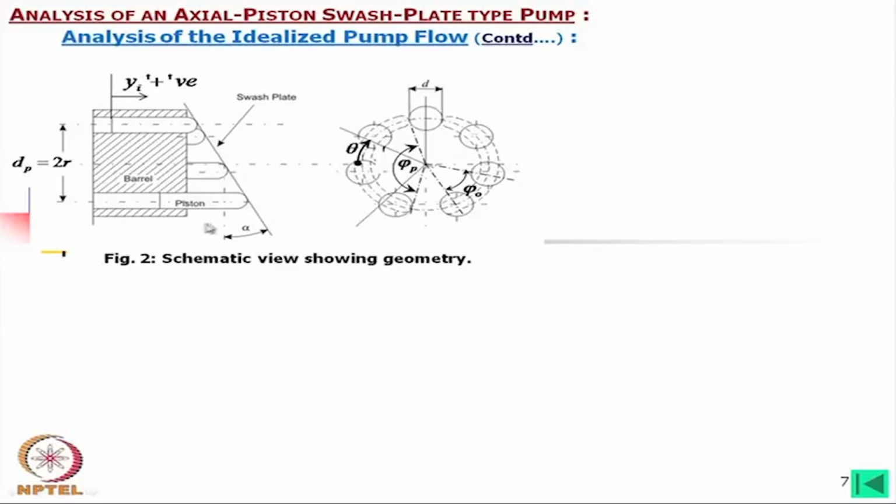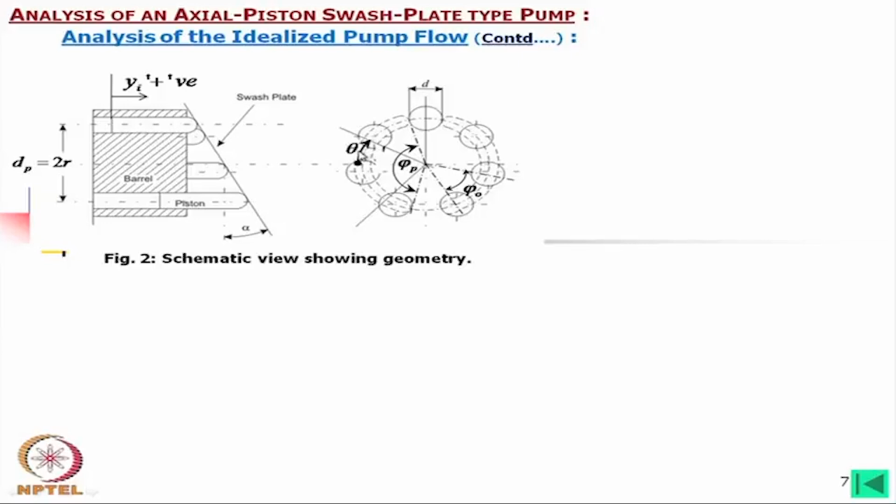That means, if I look from the left side towards this barrel, then the left hand side axis, which perhaps we have given as the y axis, the theta begins from that point.